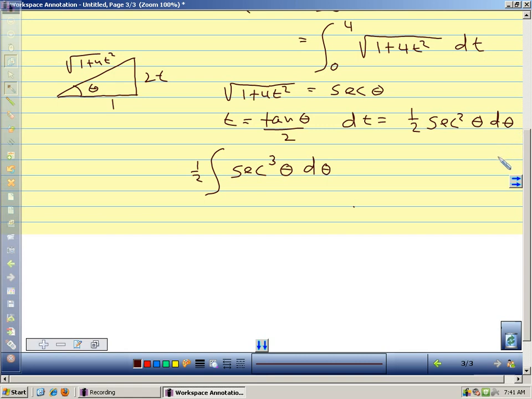If you do integration by parts, I'm just going to write over here u equals secant theta and dv equals secant squared theta.